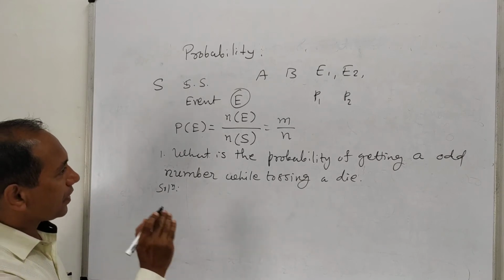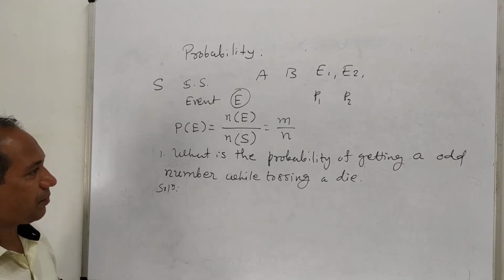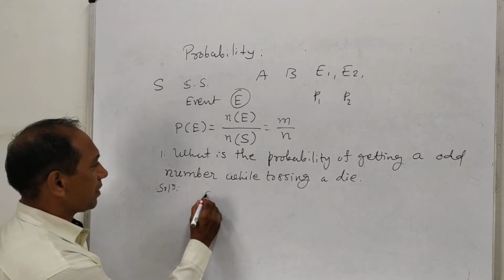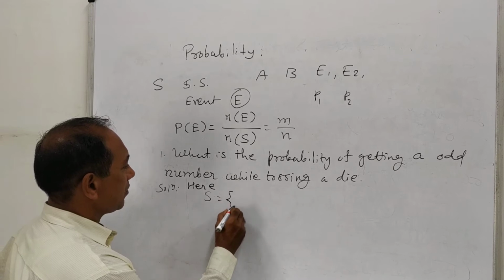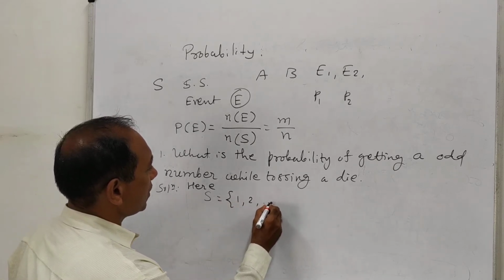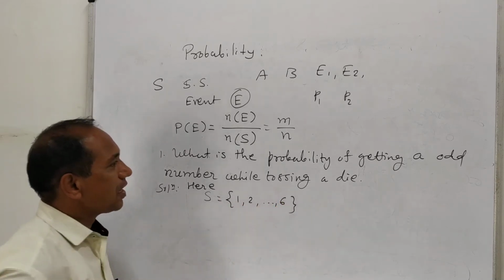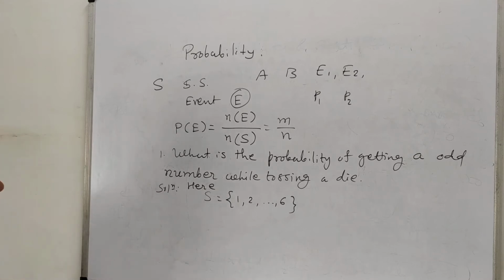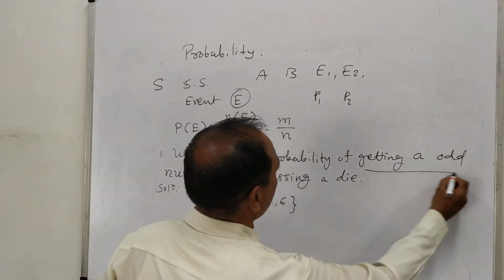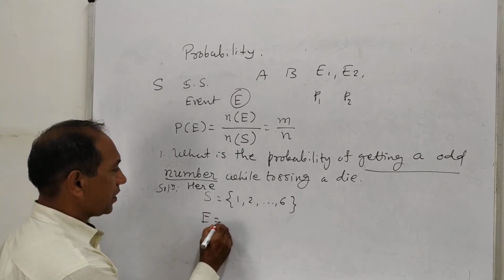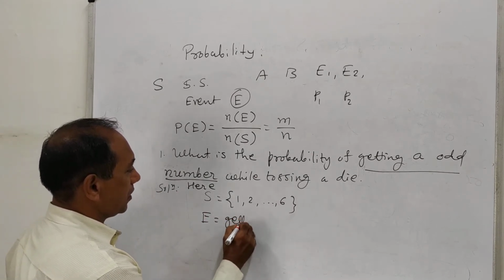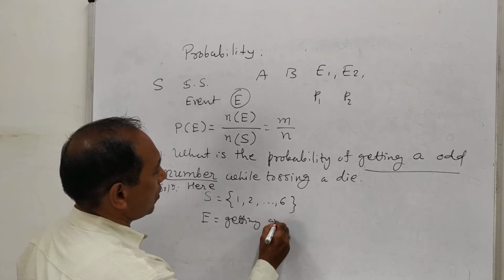Now, which is the event? The sample space contains 6 elements. That means for the sample space, you should write in a systematic way, S = {1, 2, 3, 4, 5, 6}. And now we will identify which is the event. The event is to get an odd number. That means the event E we denote by getting an odd number.